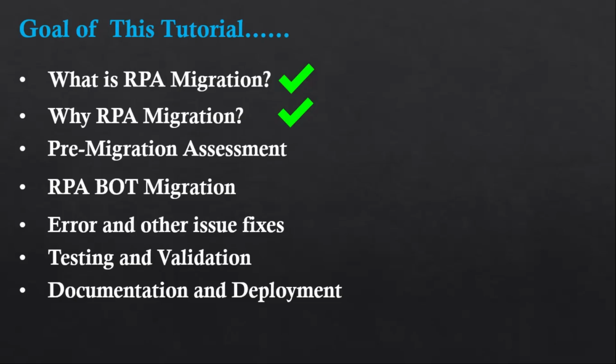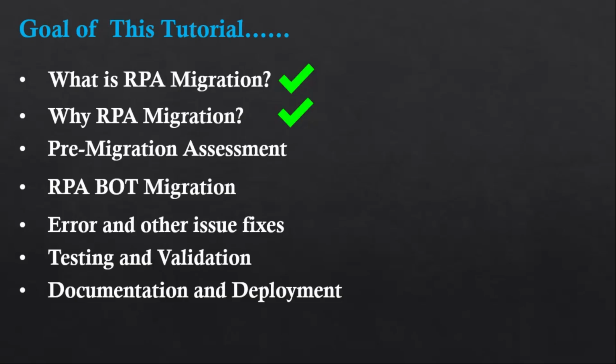You have to decide and understand what type of processes you want to move. If you want to move entire things, or if you have a huge bot running on your current platform, for which you are paying a good license cost, and you want to move to the next RPA tool such as Power Automate.